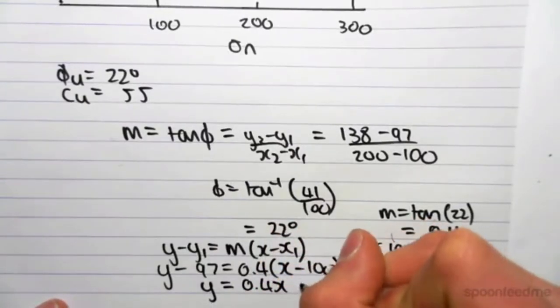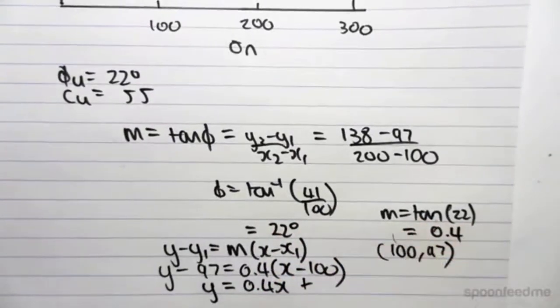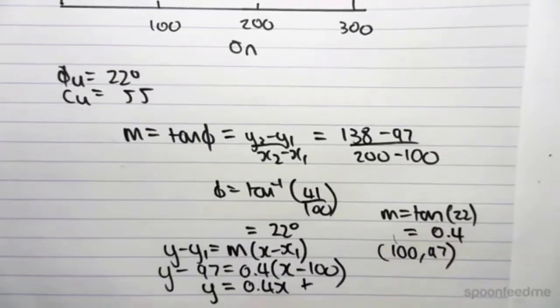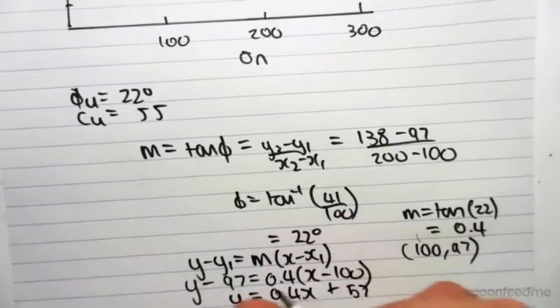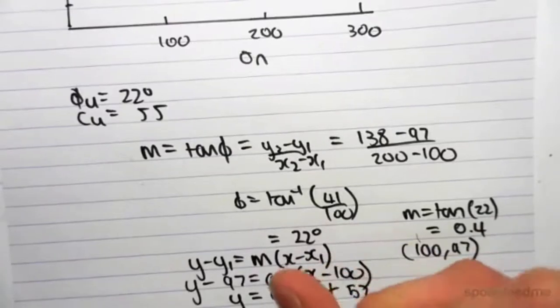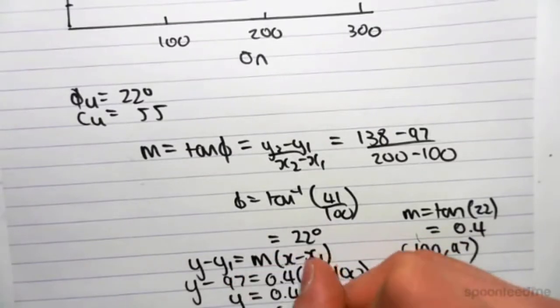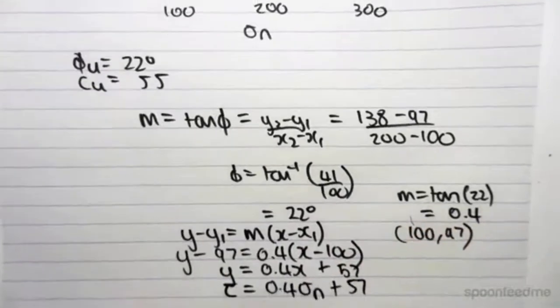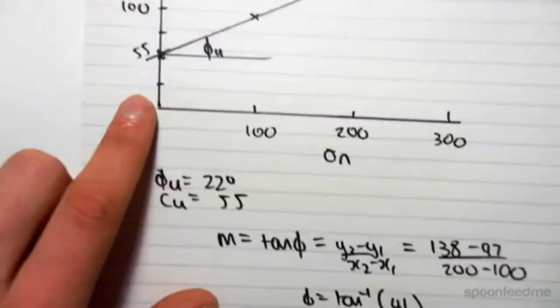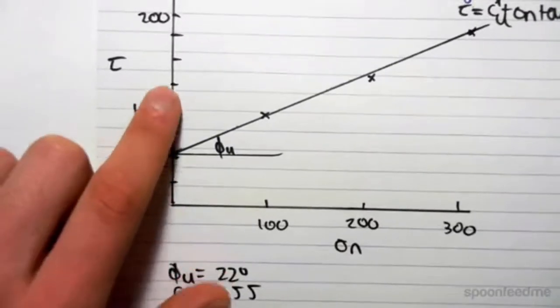So just subbing in the point and the gradient, we could get y equals 0.4x plus, minus 100 by 0.4 plus 97, which is 57. And because y equals mx plus b, we know tau equals 0.4 times the normal stress plus 57. Now we want to know where this cuts the y-axis, the y-intercept.